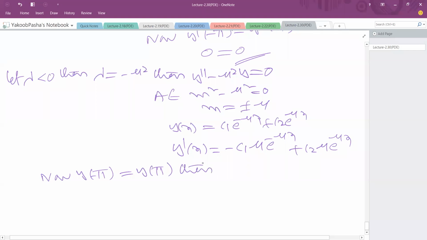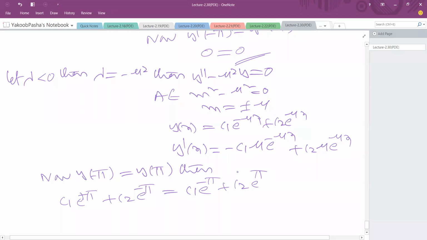When we apply these boundary conditions, what happens here? C1 e to the power of pi plus C2 e to the power of minus pi is equal to C1 e to the power of minus pi plus C2 e to the power of plus pi.